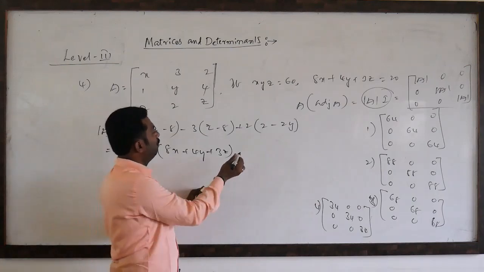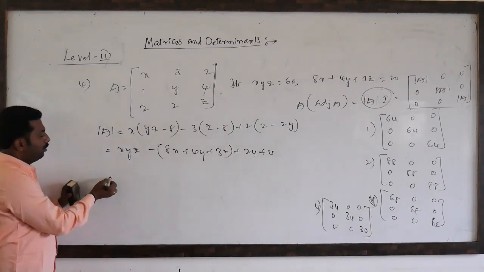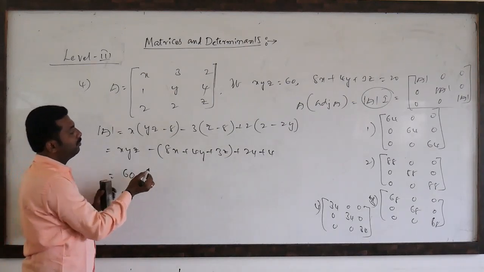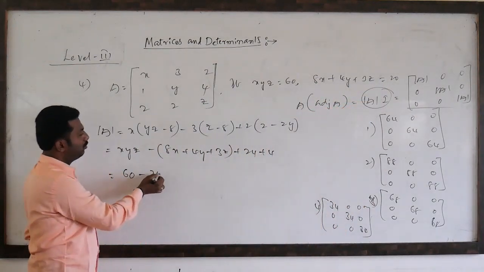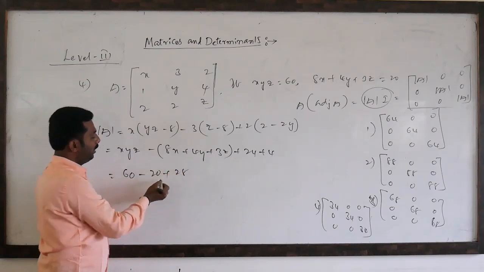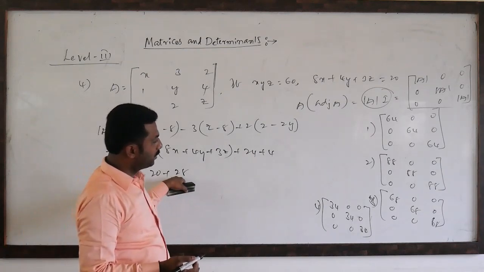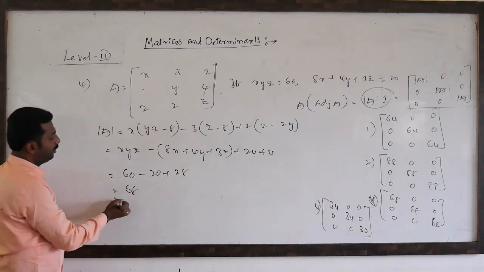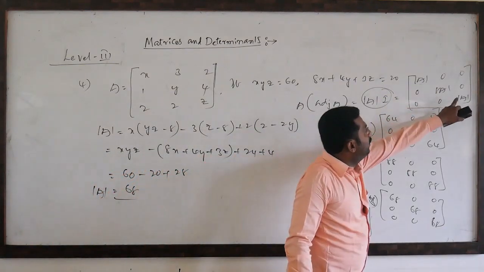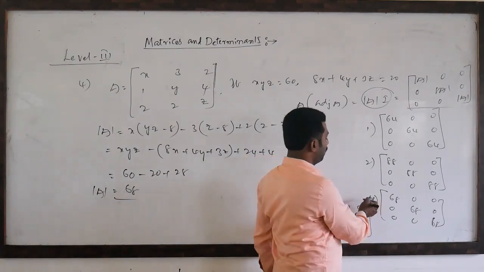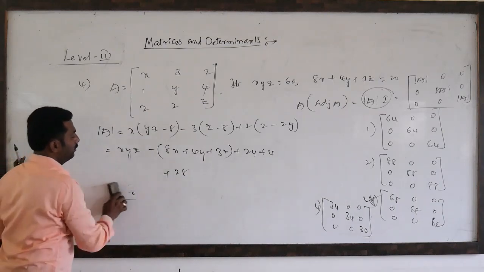This is 24 plus 4, right? So xyz means 16, minus this value 20, plus 28. So 16 minus 20 plus 28, that is 24 plus 4 plus 40 means this is 68. Determinant of A equal to 68. See, if you substitute determinant of A 68, which option will be the answer? Third option. That is the answer of this question. Next.